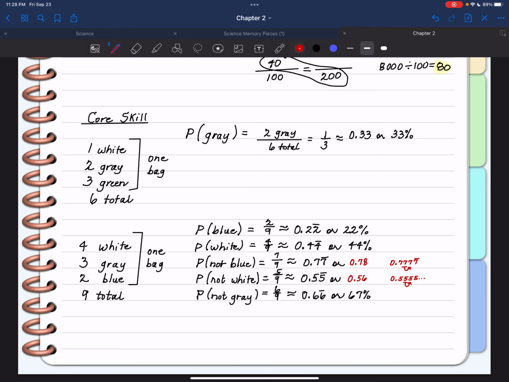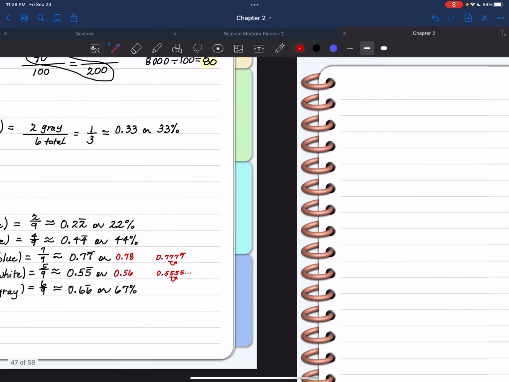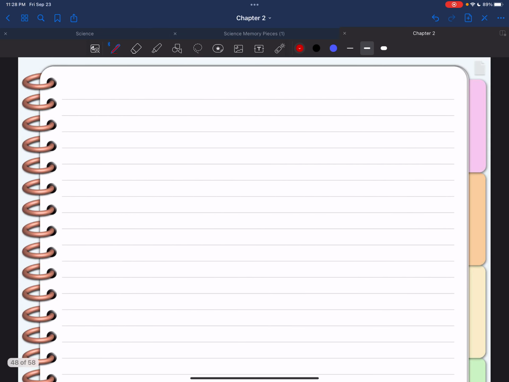And now we have Think About Math. There was a lot to do on this page, but I want to try to keep one video per page if I can. That's so much easier when I upload. All right, so here's Think About Math at the bottom of page 73, and here's number 1.